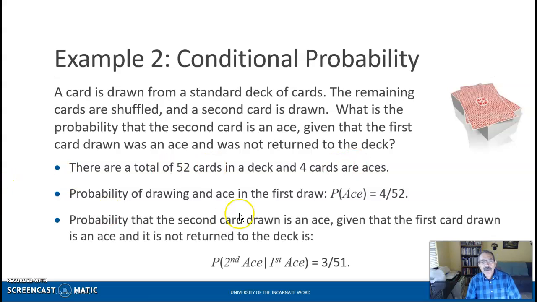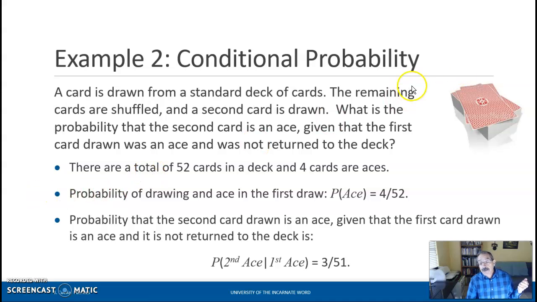I'm talking about a standard deck of cards. All right, so the probability of getting an ace in the first draw is 4 out of 52. There are 4 aces in the deck, and there are 52 cards, and you're drawing at random, and every card has an equal chance of being selected. Now, you draw the ace, you grab it in your hand, and you say, okay, now with this ace in my hand, what is the probability that I will get another ace in the second card?